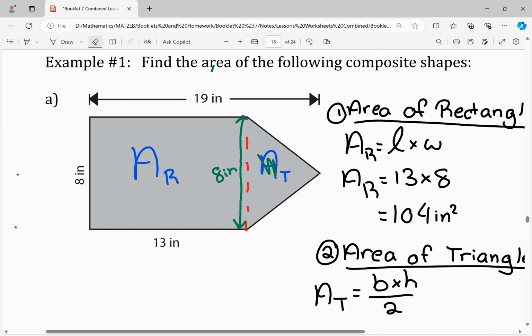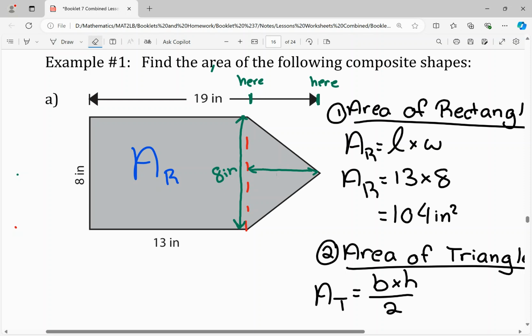The height is the distance directly from the bottom of the triangle to the top of the triangle, right? In other words, if I was to use the line of the 19 inches above, it would be the distance from here to here.